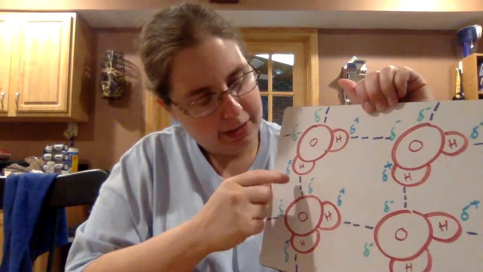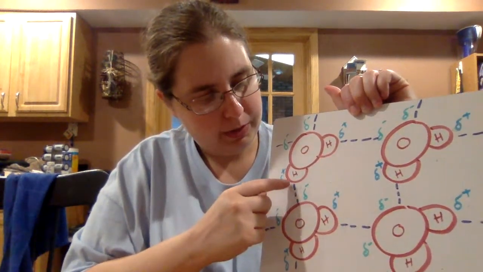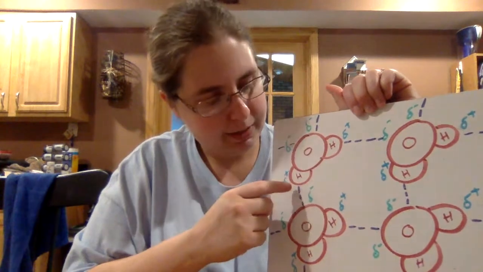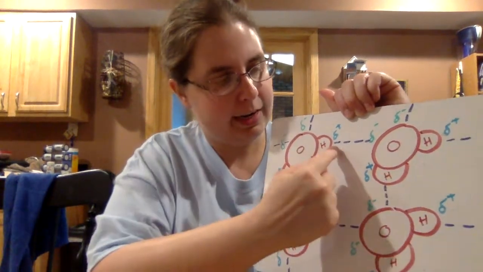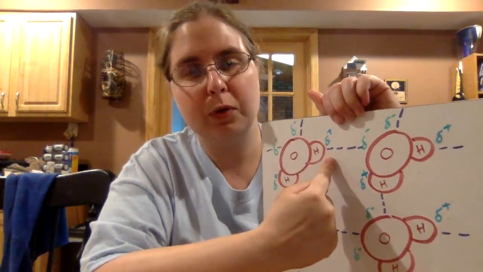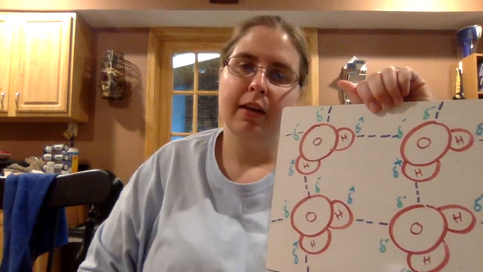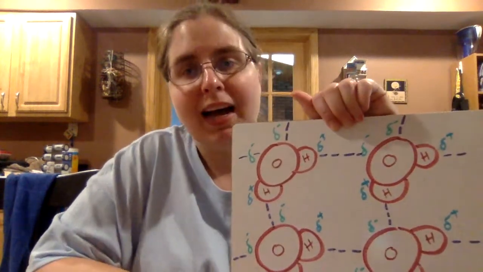Now, because the electron is being shared between the hydrogen and the oxygen, that means that here and here, the closest thing to the outside of the hydrogen atom would be its nucleus, so where the protons are, and protons are positive. So that gives the 2 hydrogen atoms a slightly positive charge.